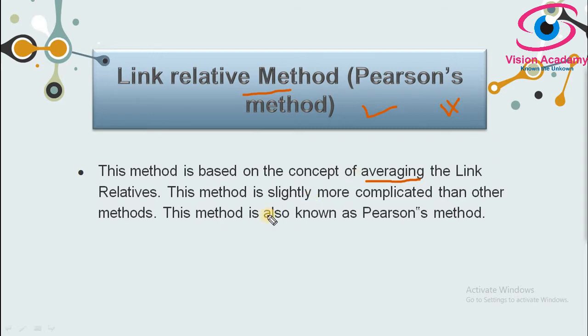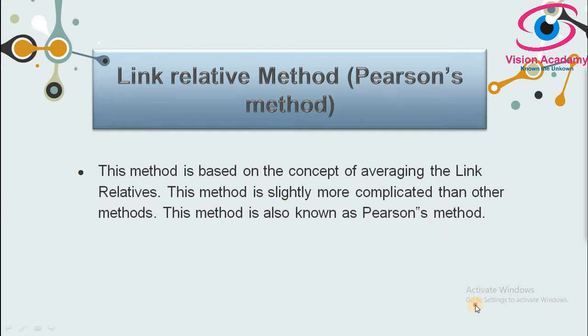This method is slightly more complicated than other methods of seasonal component because of its confusing calculation and steps, so it is not so much proposed by anyone because it is not easy to understand, but still it gives the highest accuracy. This method was proposed by Pearson.